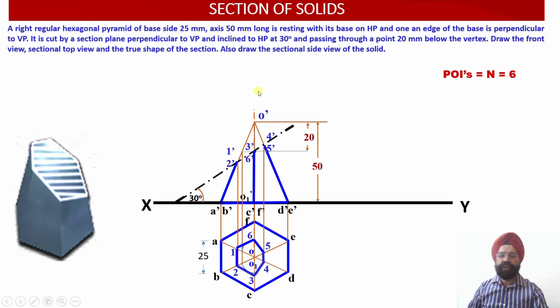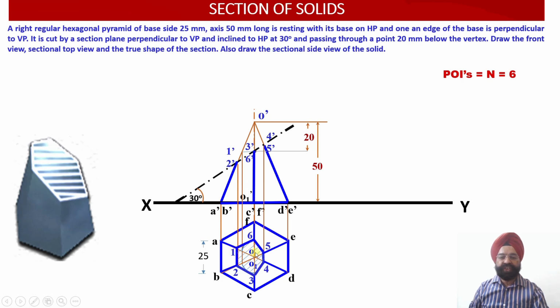So when the observer looks at this cut section from the top, this is the view the observer will get, but this surface happens to be inclined to the horizontal plane. So the projections obtained corresponding to these 6 POIs onto the horizontal plane will be the apparent shape. So we are not going to get the true shape of the cut section over here.